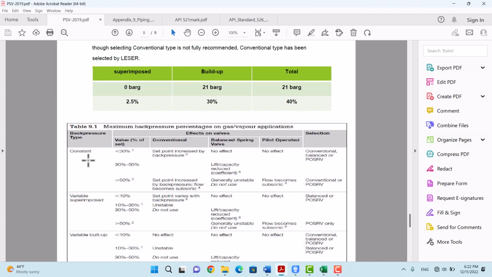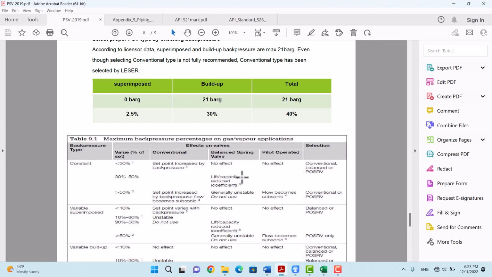Therefore, the back pressure type is constant, and since it is 40%, it lies in this area between 30% and 50%. Based on this table, it is better to select a balanced type, but the manufacturer promised and guaranteed that the conventional type can operate under such conditions. And of course, we selected the conventional type for our applications. So we know that it is a conventional type.